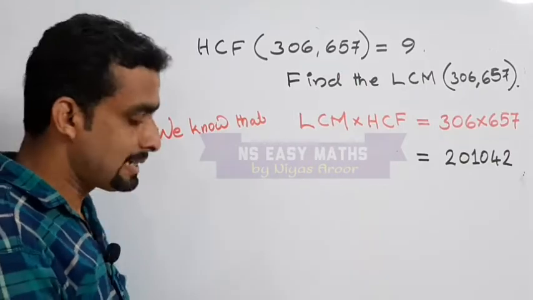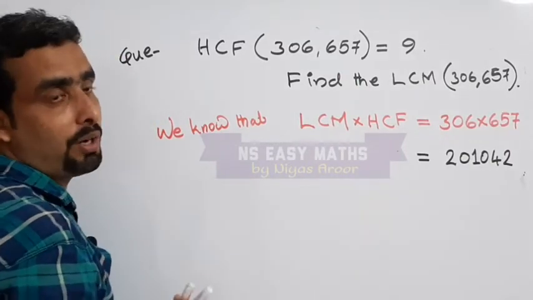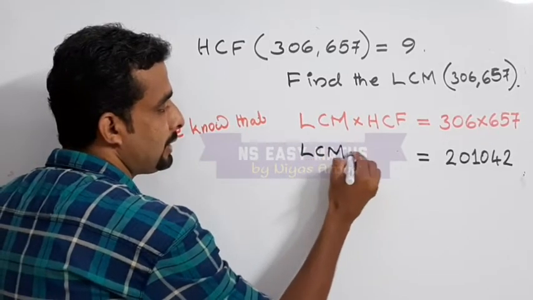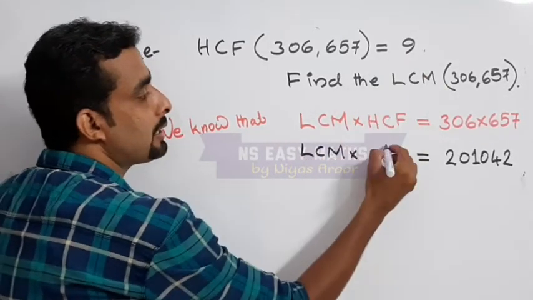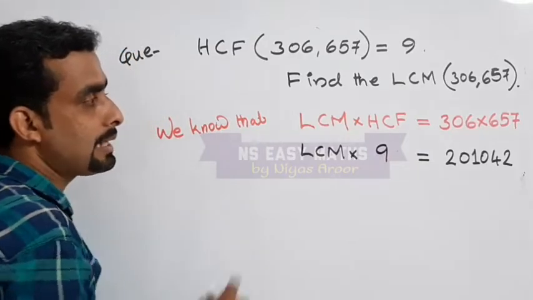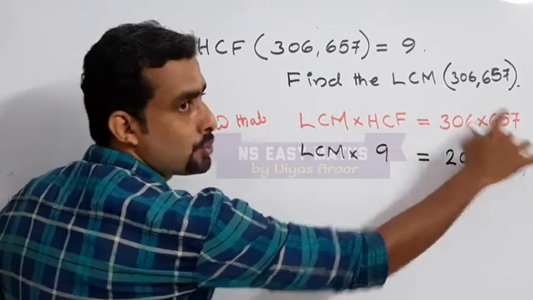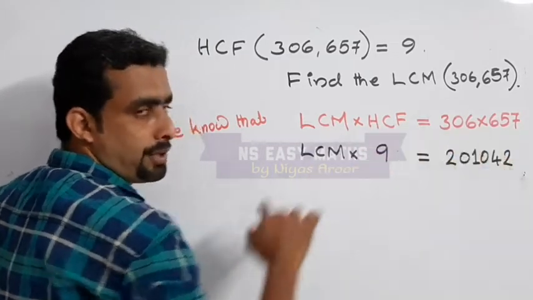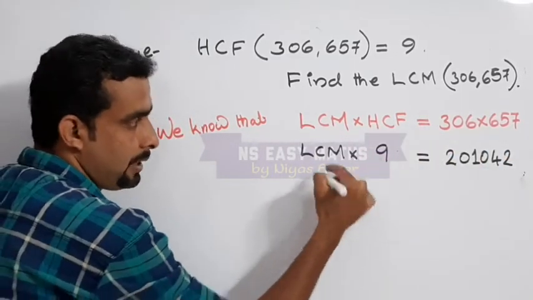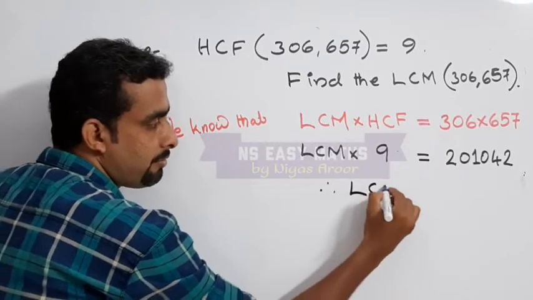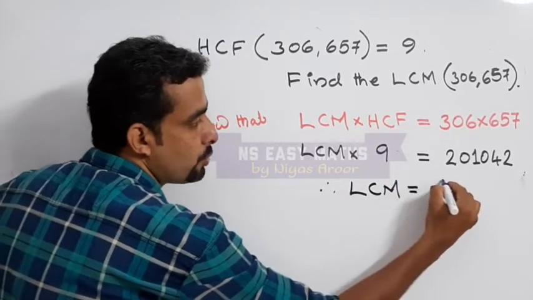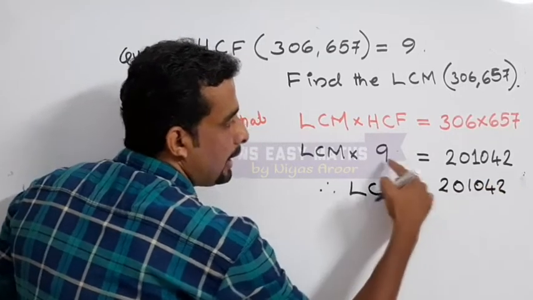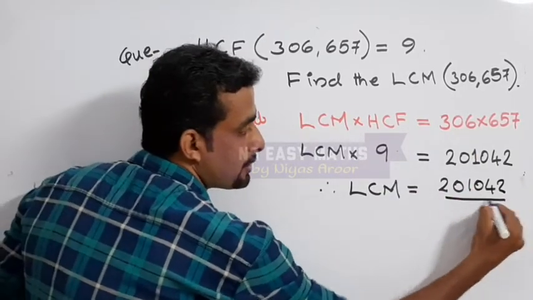That means LCM, we don't know what is LCM, so write LCM into HCF, which is given in our question as 9, is equal to the product of these two numbers, 306 into 657, which is 201042. Therefore, by solving this equation, we can find LCM is equal to 201042. Bring this 9 to the right side, it becomes divided by 9.